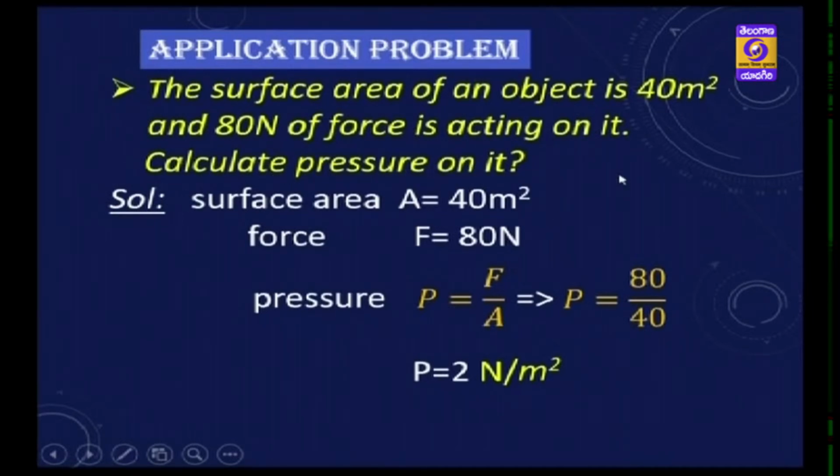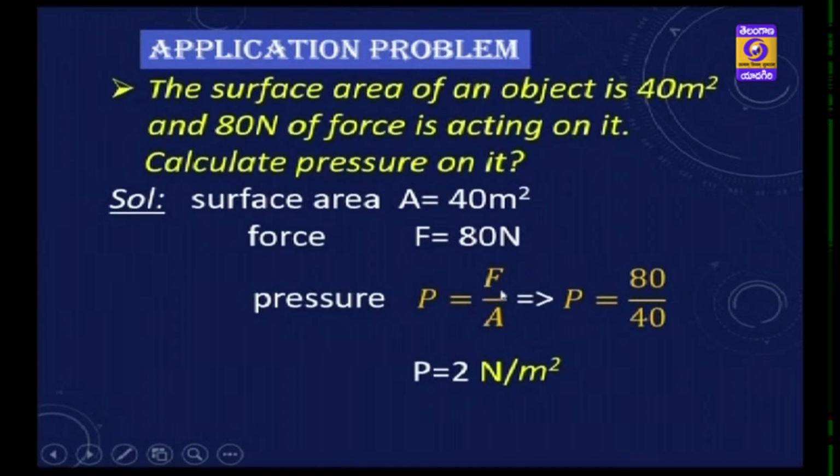To solve the problem, first of all we have to understand the question. What is given in the question, and what we have to find. Here the surface area is given as 40 meters square and the force is given as 80 newtons. We have to find the pressure, and we have the formula P = F/A.